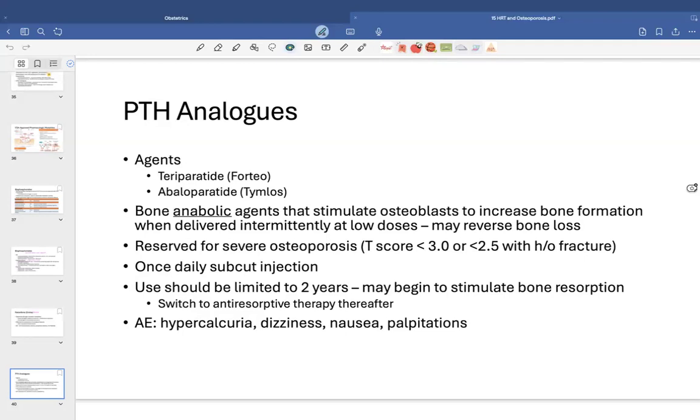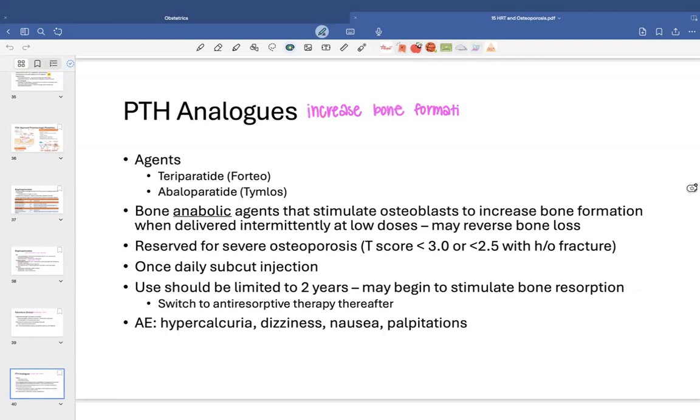This is reserved for T-scores of -3 or less, or patients with a T-score of -2.5 or less that have a history of fracture. These agents are available as a subcutaneous injection given once a day, and really should only be used for a maximum of 2 years. Beyond that, the effects really begin to look like bone resorption.